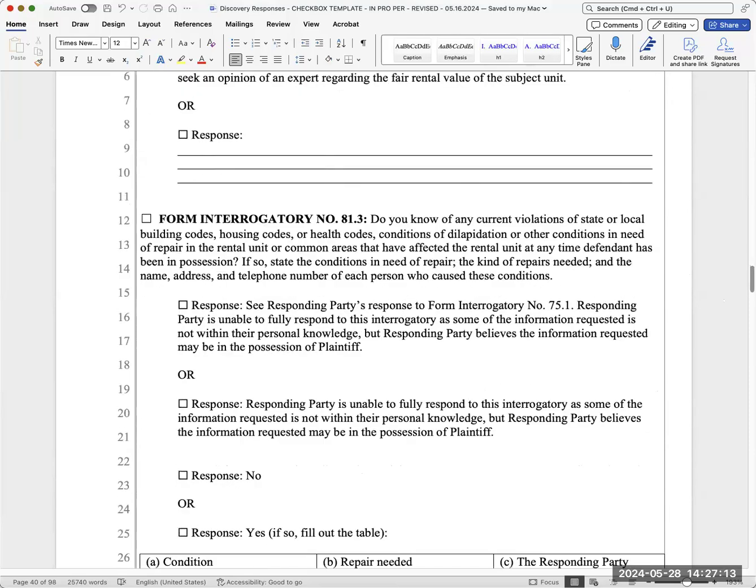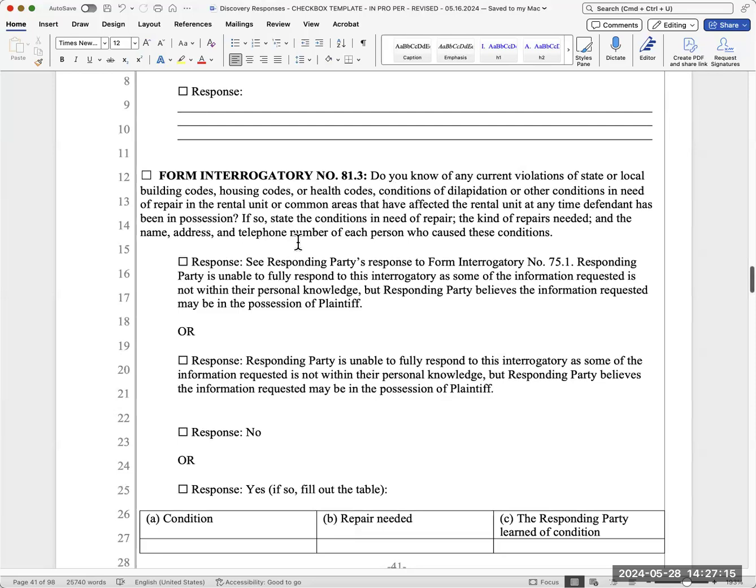And the last question, 81.3, is very similar to 75.1. Do you know of any current violations of state or local building codes? This question almost seems identical to 75.1, and it is almost identical. You can actually just use the answer to 75.1 here. The only reason it's potentially different is that 75.1 is about repairs that you know of.